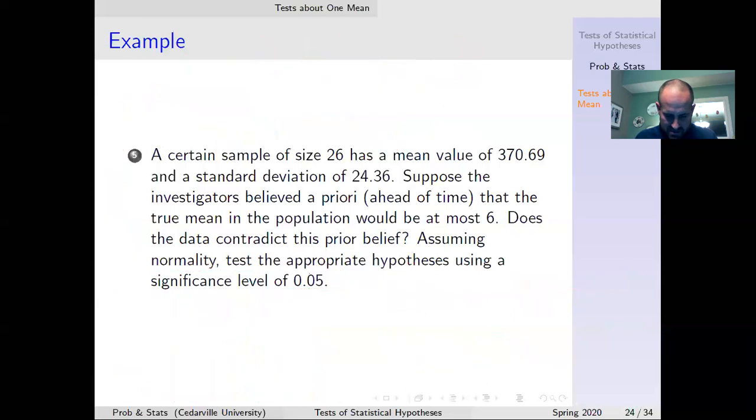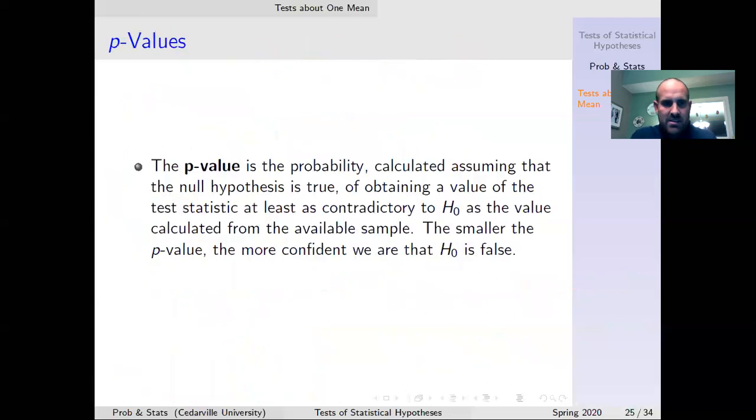All right. I think I'm going to stop right there for now because the rest of this has to do with converting everything over to a different way of thinking about things. What we've done so far is we've tested hypotheses and we've rejected or not rejected based on some cutoffs and thinking about critical regions.